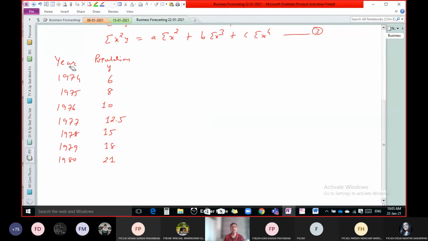Now we know that instead of taking this as X, it's better to take X equal to year minus, now tell me which year we have to subtract to reduce the calculation? 1977.